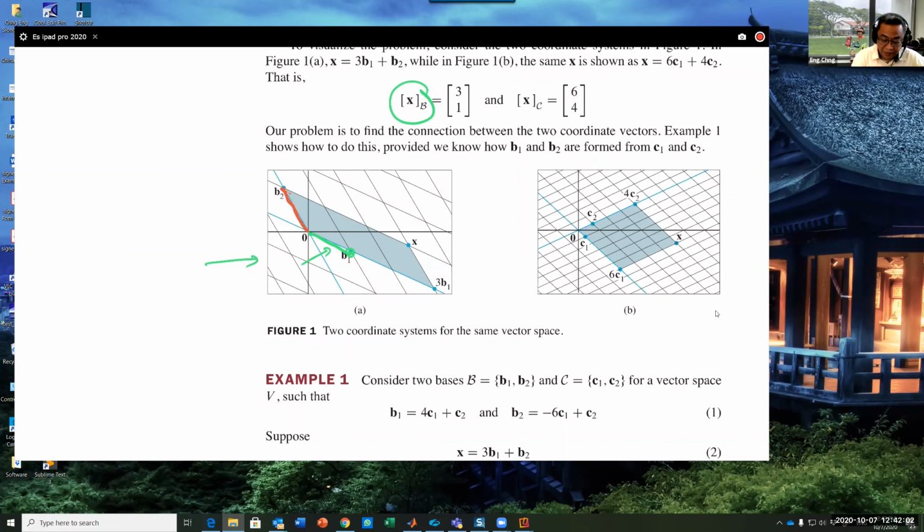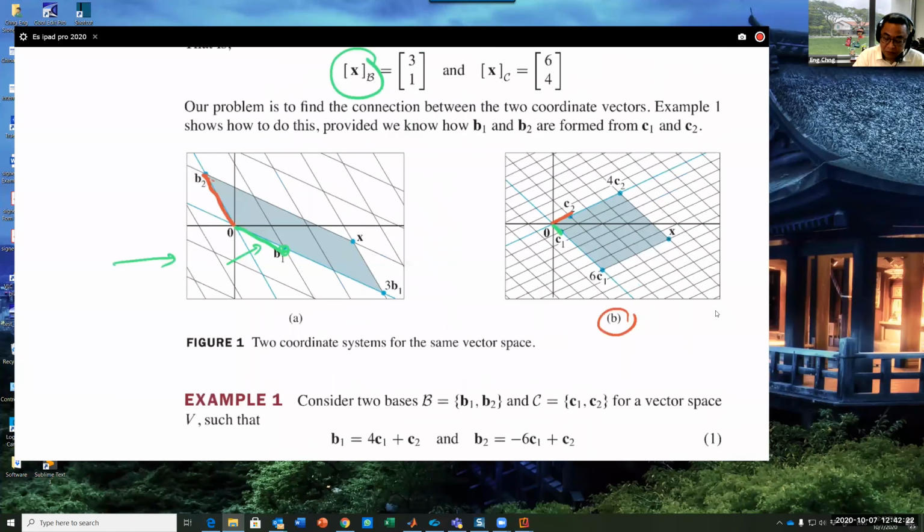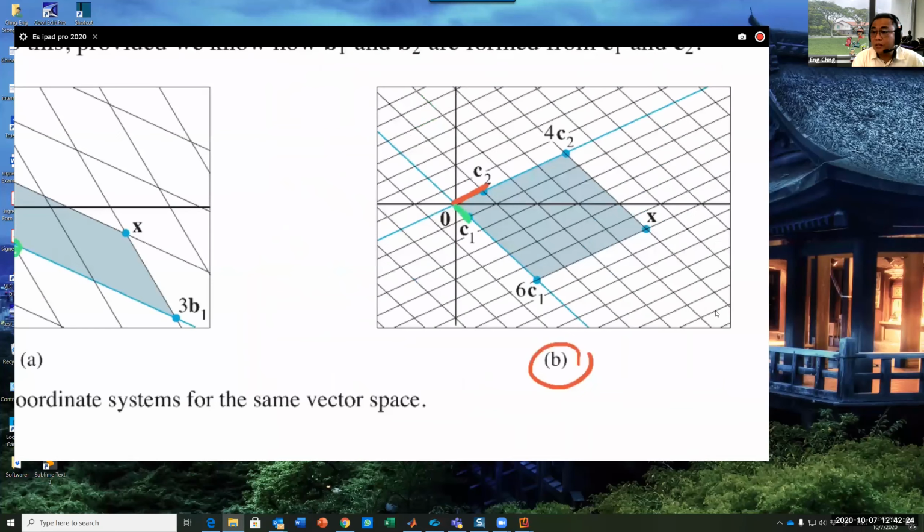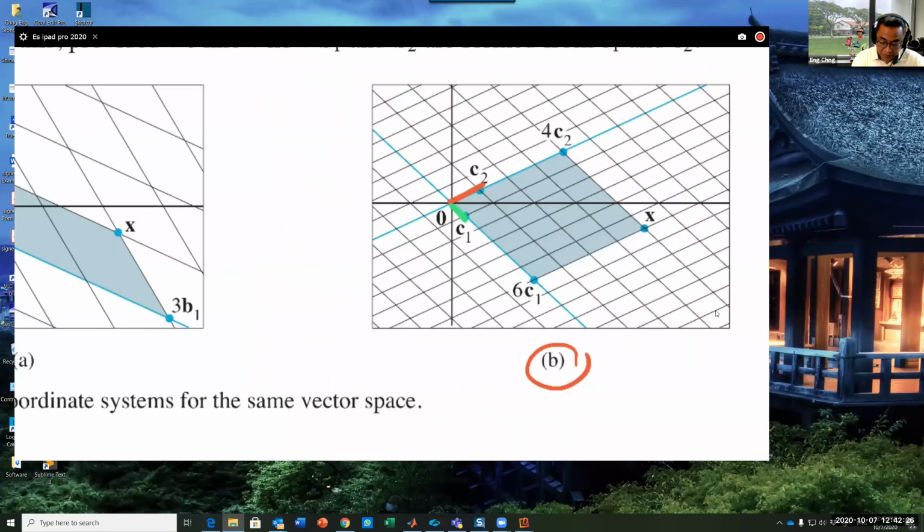So this is how B looks at the world. What about C? This is how C looks at the world. The second entry is along this red line, and the first entry is along the green line.